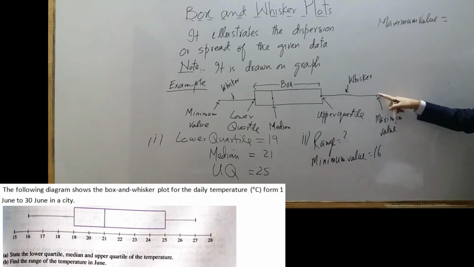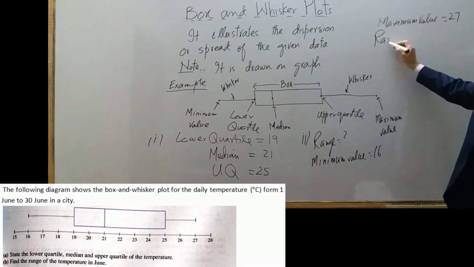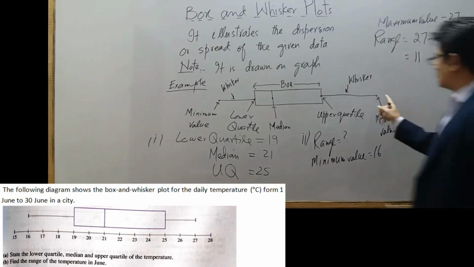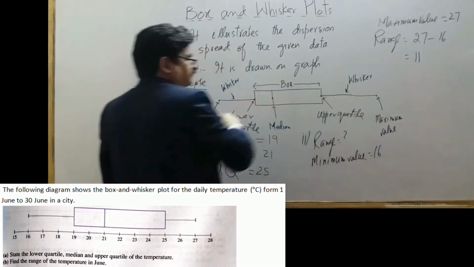In the data in the question it is given to be 27. Then we have range. So this maximum value minus this lowest value. This is the range. So it is 11. So the total length of the data from this to this point is 11.